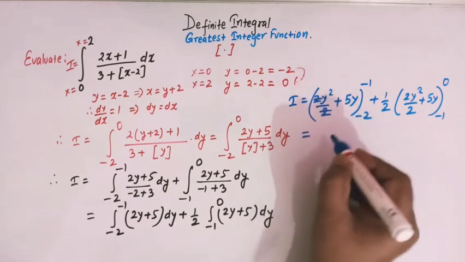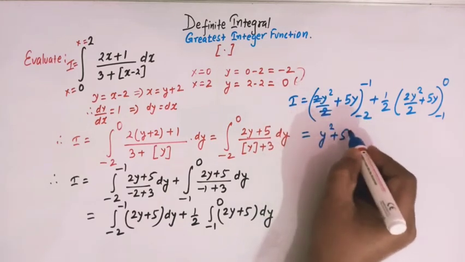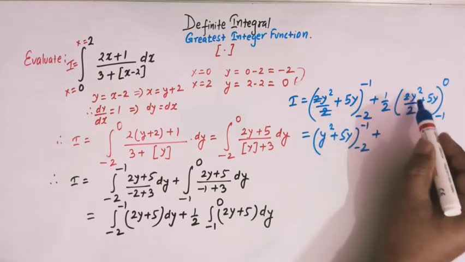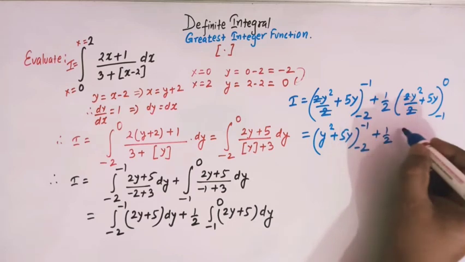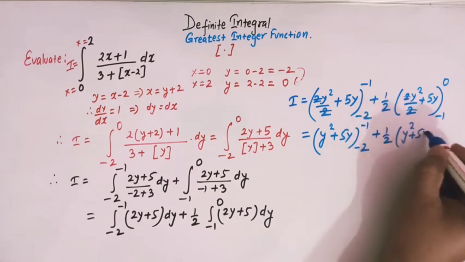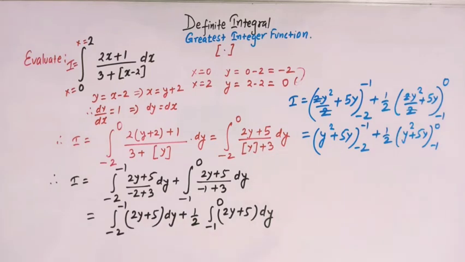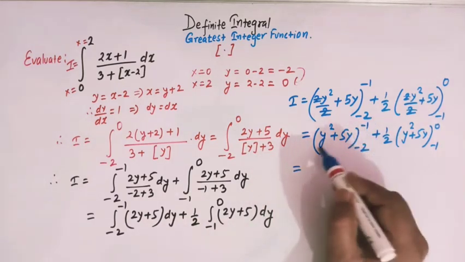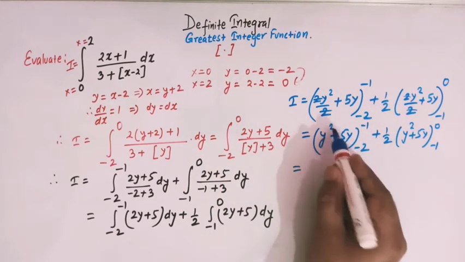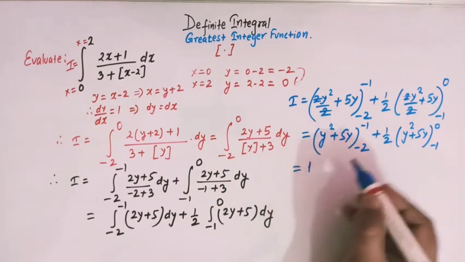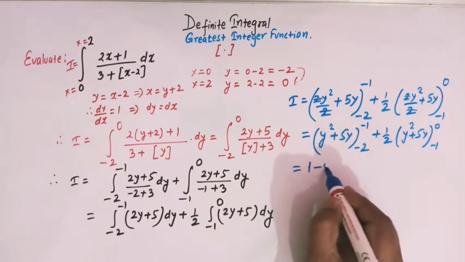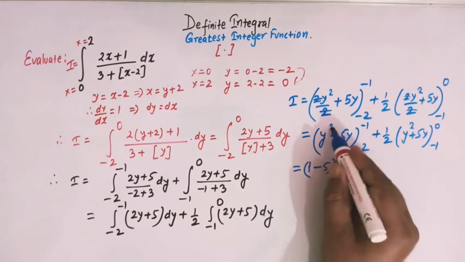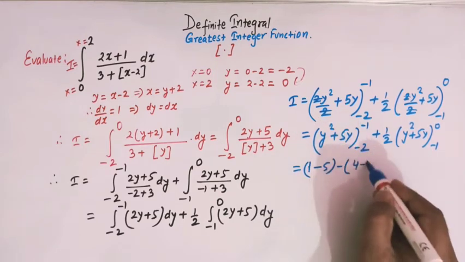Here 2 and 2 get cancelled. We have y square plus 5y from minus 2 to minus 1, and half times y square plus 5y from minus 1 to 0. Now we substitute the limits and take the difference. For the first, minus 1 squared is 1 and we have minus 5, and at minus 2 we have 4 and then minus 10.